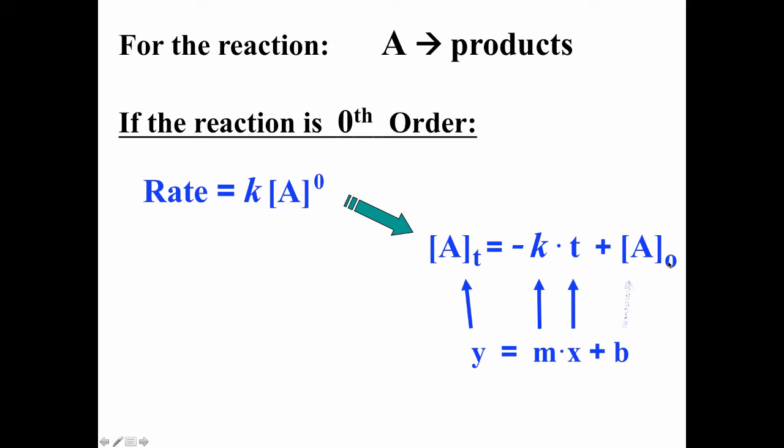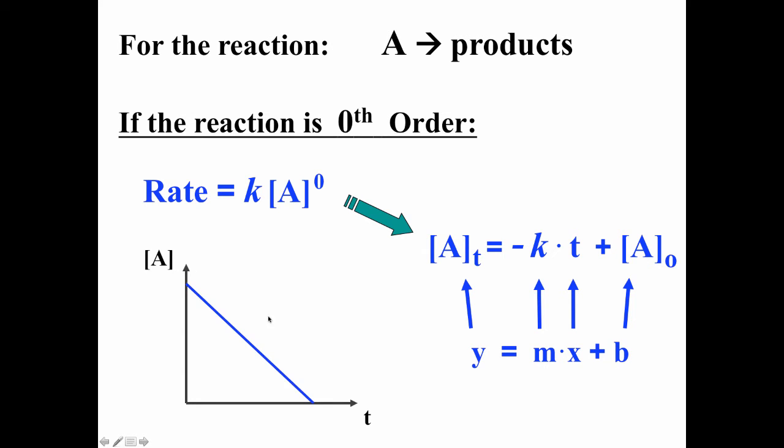Now, this is an equation in the form of y equals mx plus b, if our y is the concentration of A at time t, and our x is time, and then the slope m is negative k, and our y-intercept is the initial concentration of A at time 0.